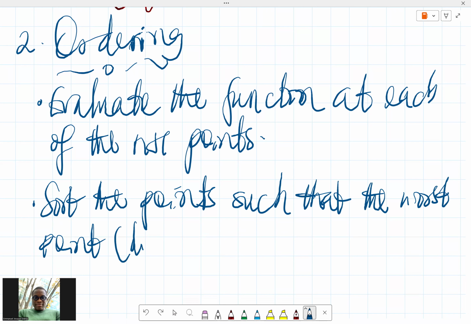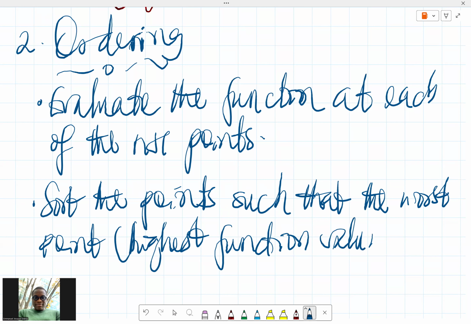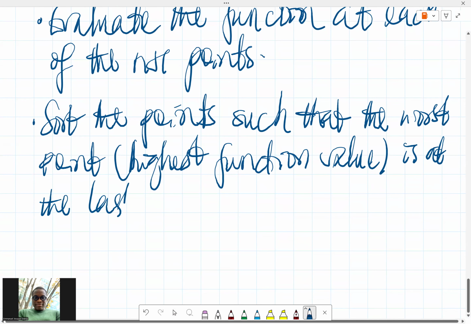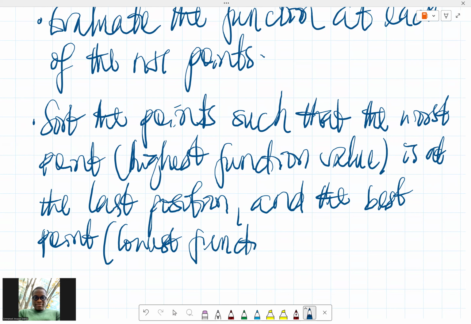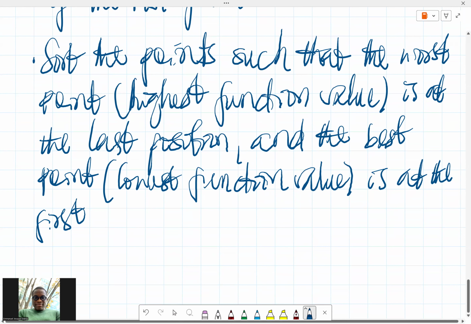That is the point that gives you the highest result because you are minimizing. And the best point, which is the lowest function value, is at the first, because it gives you the minimum value for that iteration.